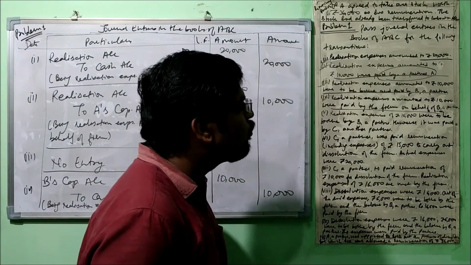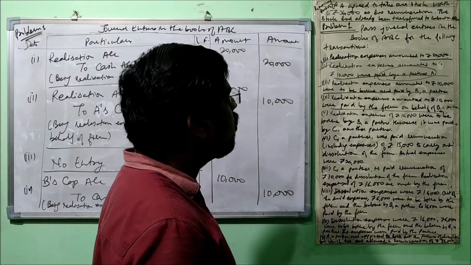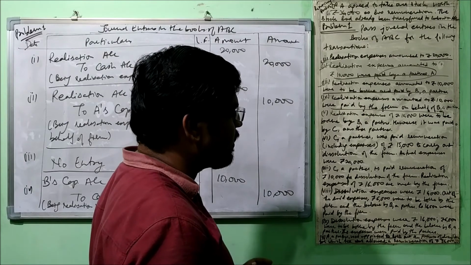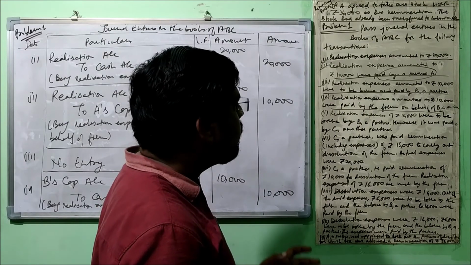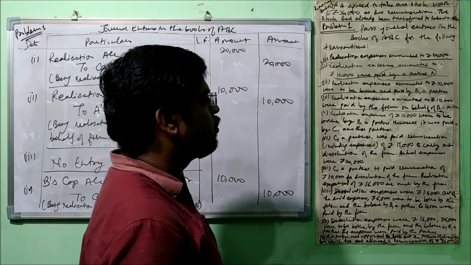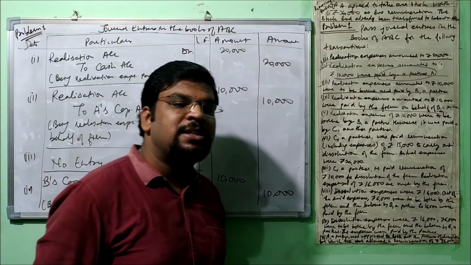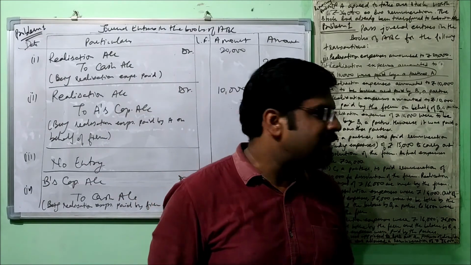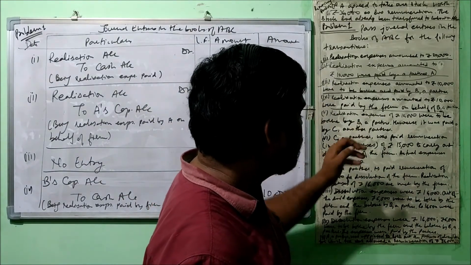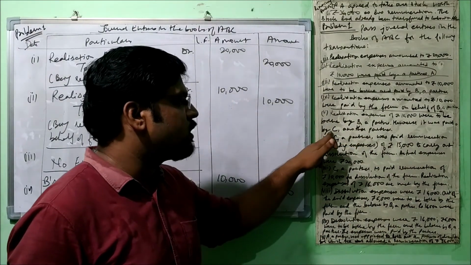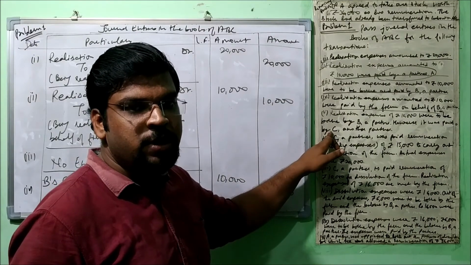Now let's move on to the transaction number 5, because 4 is done. Realization expenses of rupees 10,000 were to be borne by B, okay, a partner. However, it was paid by C, another partner. So this is the third situation of the second category, when expenses were to be borne by one partner, that is B, and were paid by another partner, that is C. So what entry is going to be done here?